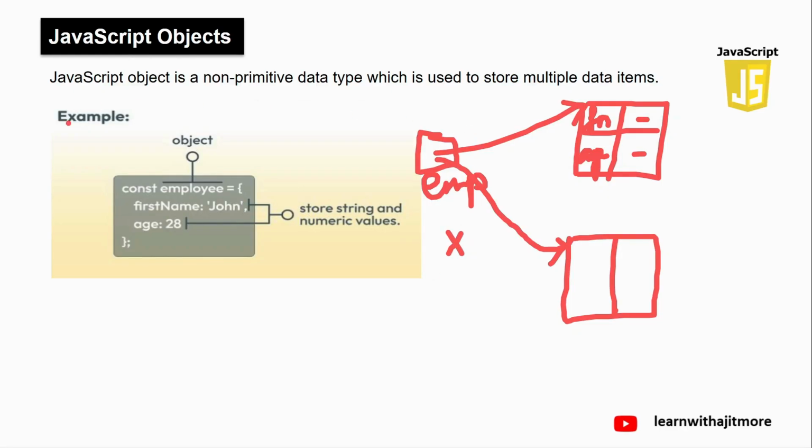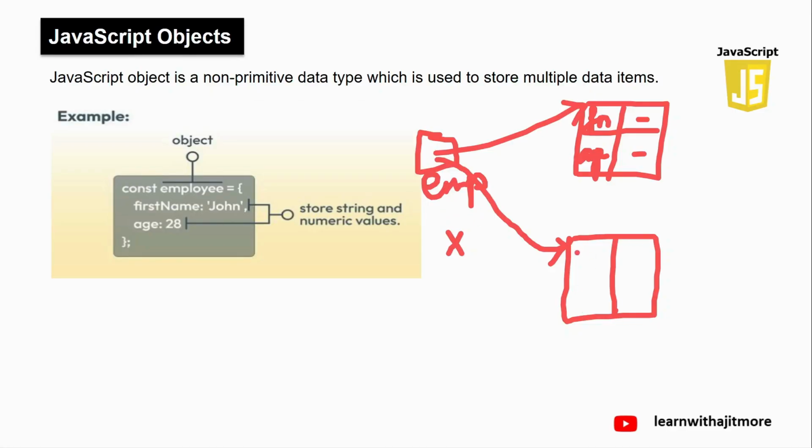Why? Because you have given const. So when you have given const, whatever reference is stored in that variable cannot be changed. Once whatever reference is stored in it, till its scope is over, it cannot modify that reference. You cannot store any other reference in it.